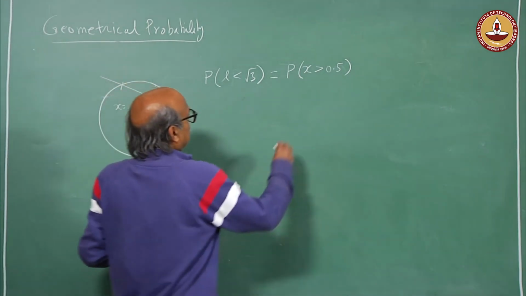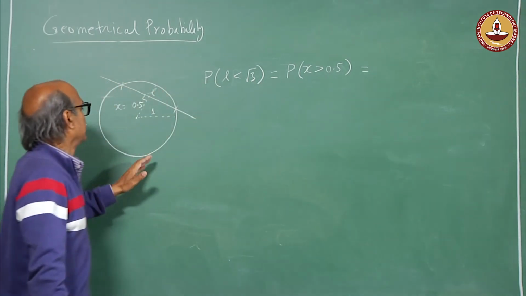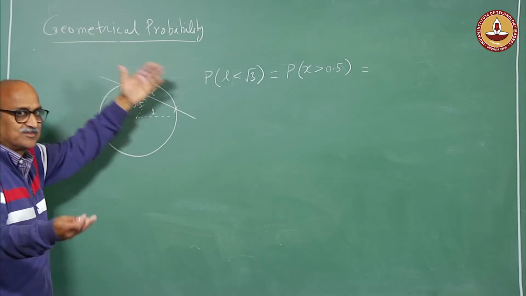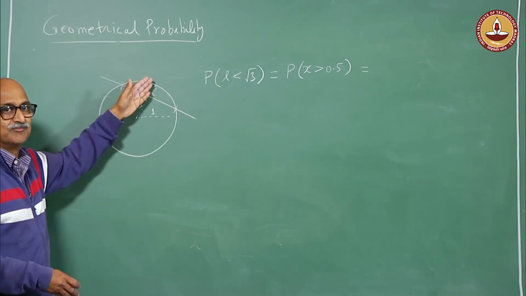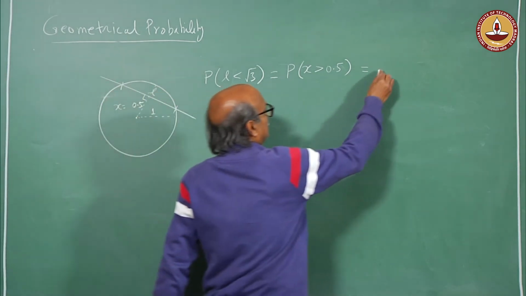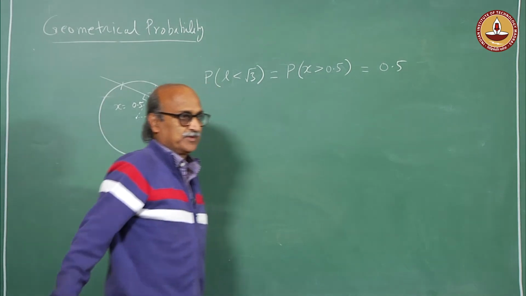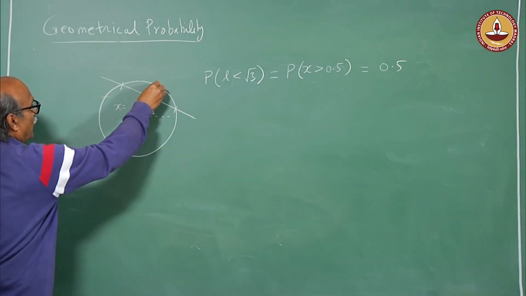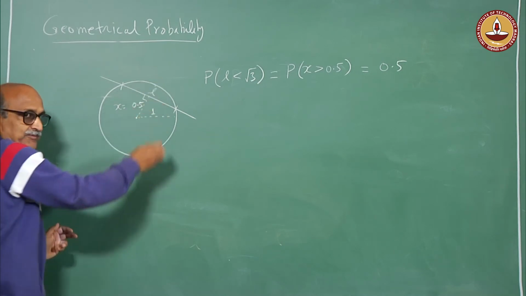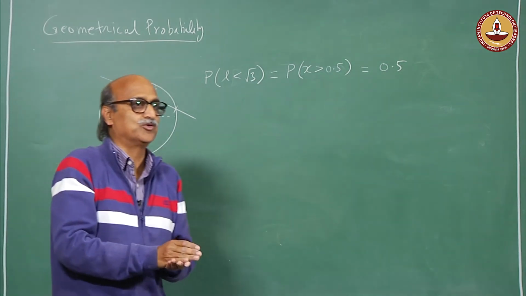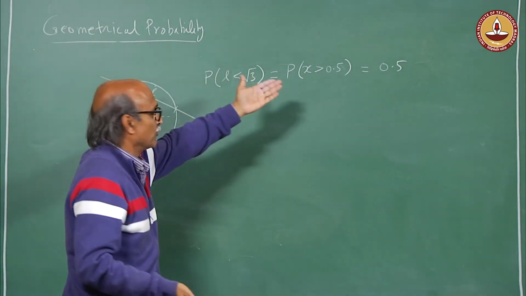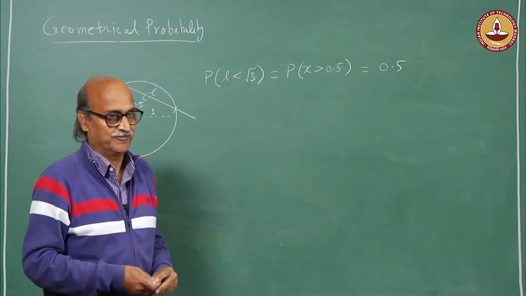Now, what is the chance of the chord falling at distances greater than half the radius? It is simply 0.5, because this midpoint of the chord can fall along this radius line anywhere from 0 to 1, in which half of those outcomes are going to be greater than 0.5, and hence the probability is half or 0.5.